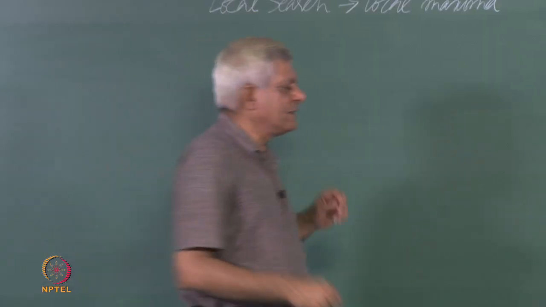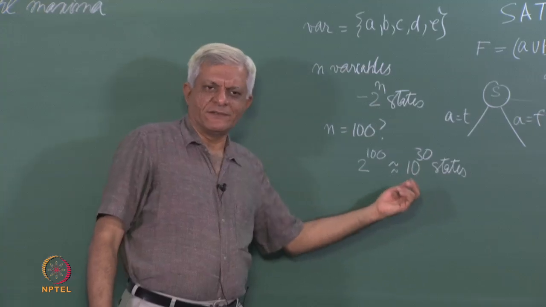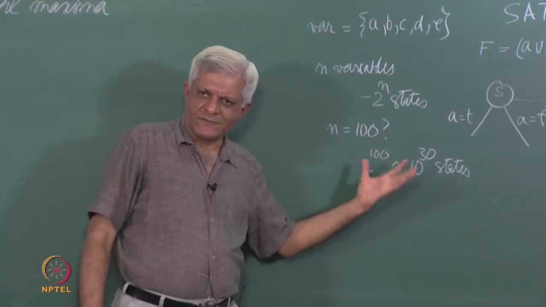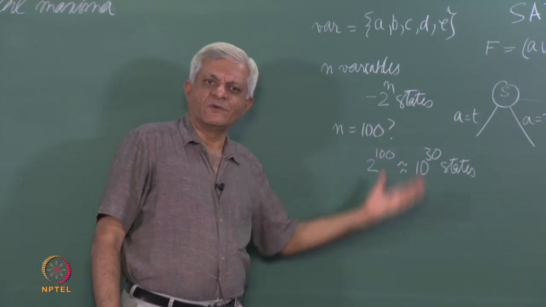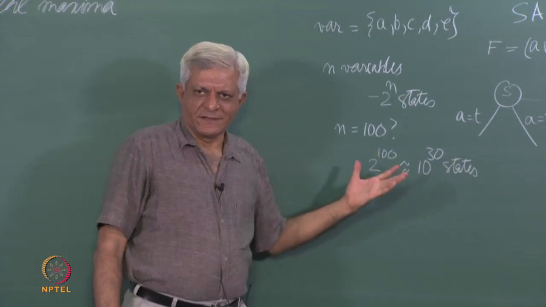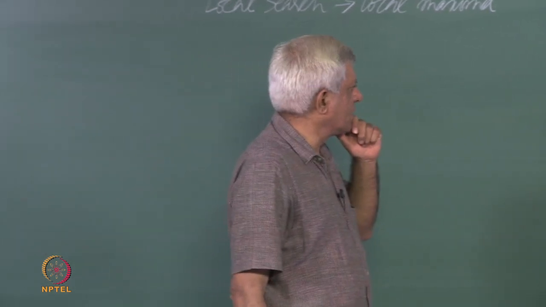We have seen earlier that we cannot trifle with numbers like 10 raised to 30. It is a huge number. It will take you billions of years to search through all these, even if you could inspect a billion states in a second. We have seen that argument earlier. So, it is a difficult problem to solve.